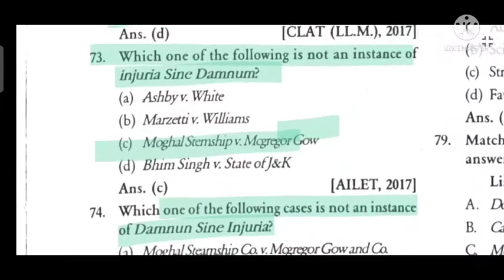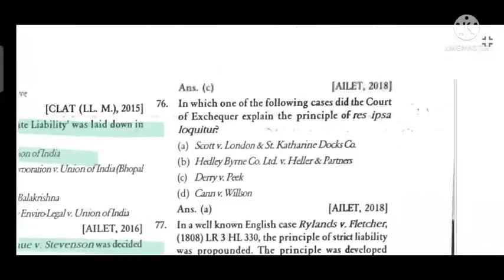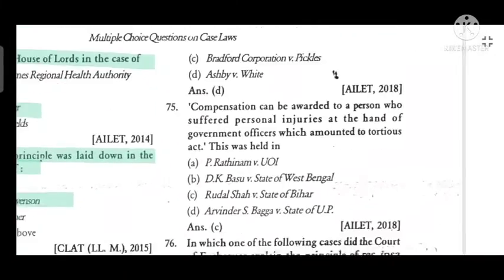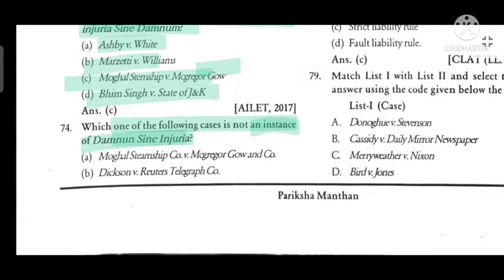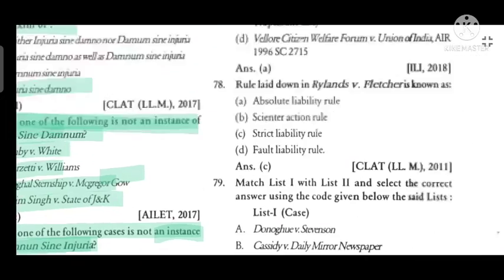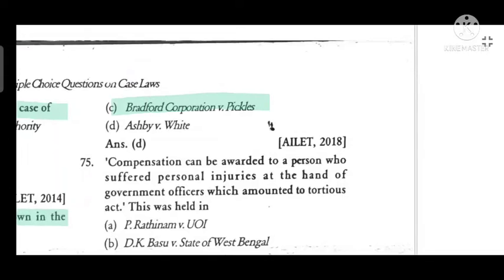Which one of the following cases is not an instance of damnum sine injuria? Is it Ashby versus White, Marzetti versus Williams, or Bhim Singh versus State of Jammu and Kashmir? The instances of damnum sine injuria are Mogul versus Steamship McGregor Gow, Dixon versus Reuter's Telegram, Bradford Corporation versus Pickles.